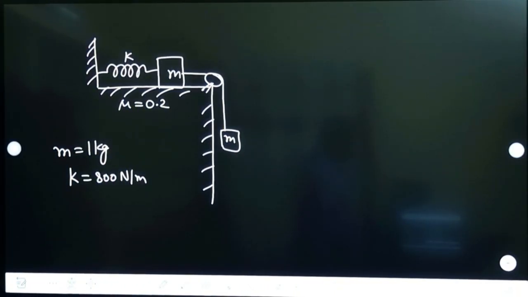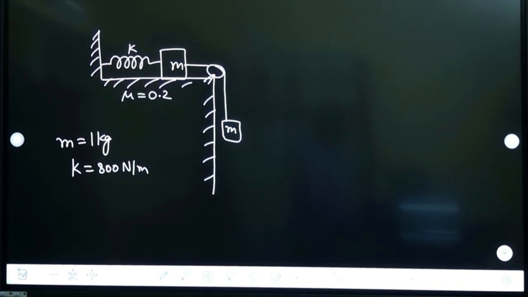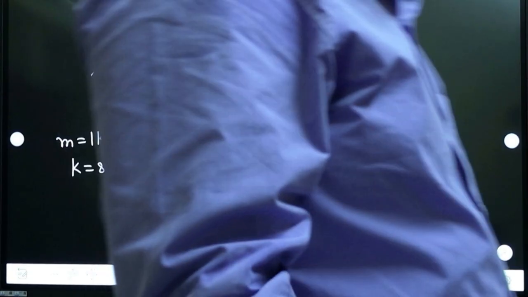Board, you are able to see clearly or not? One minute, I will refresh it.